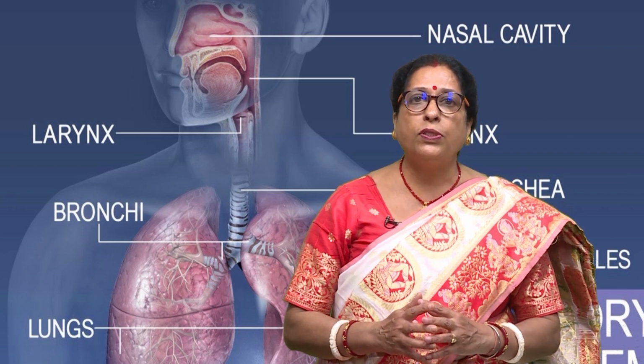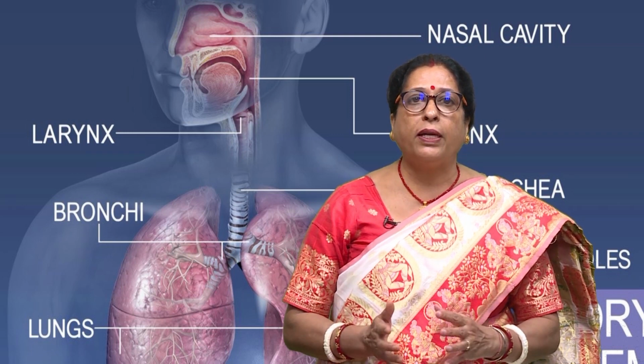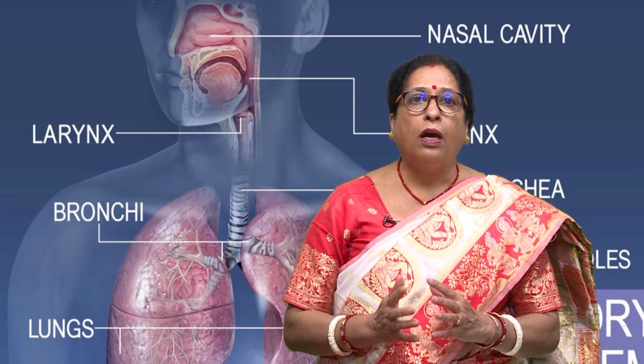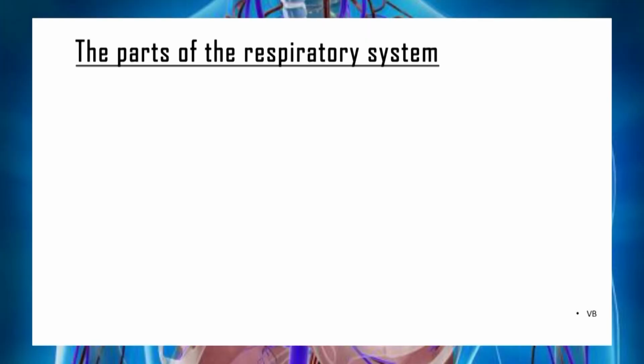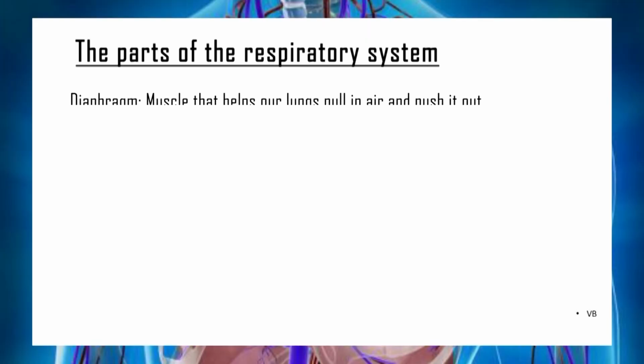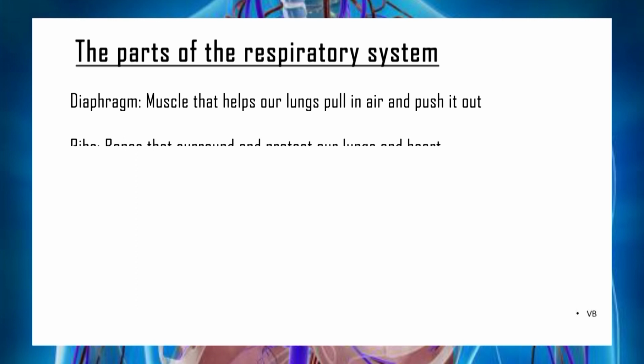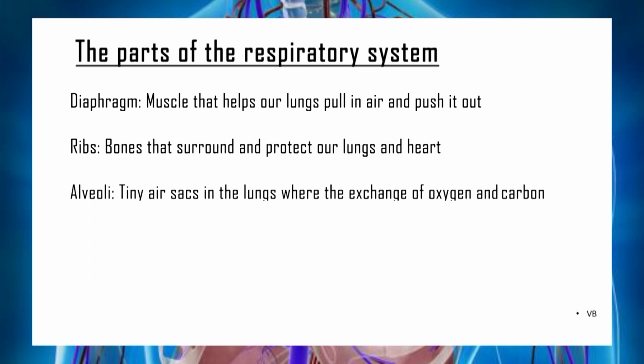Some of the bones and muscles in the respiratory system include our diaphragm, the muscle that helps our lungs pull in air and push it out. Then ribs, bones surrounding and protecting our lungs. And when we breathe out, our blood carries carbon dioxide and other waste out of the body.